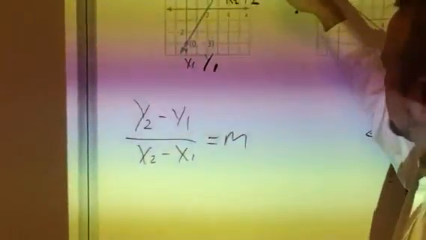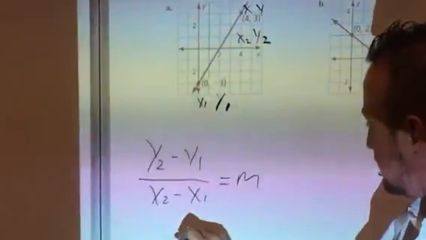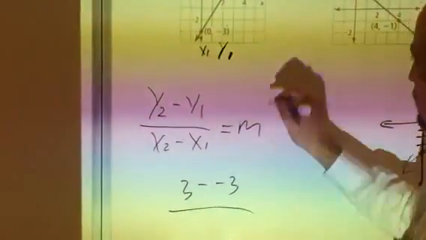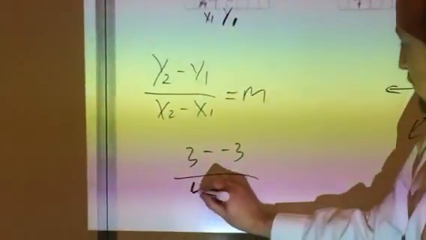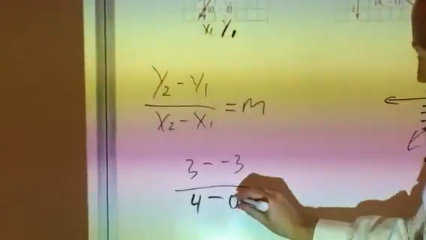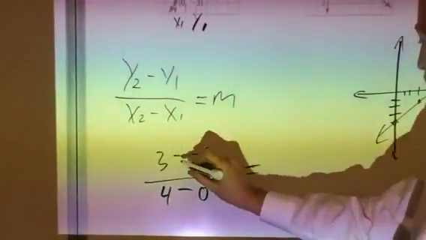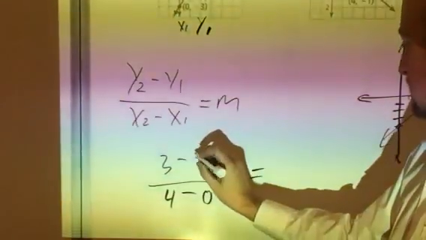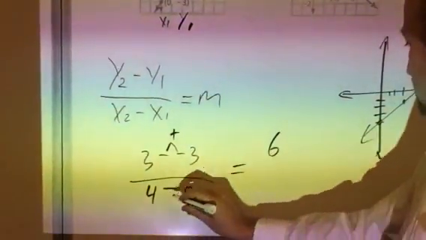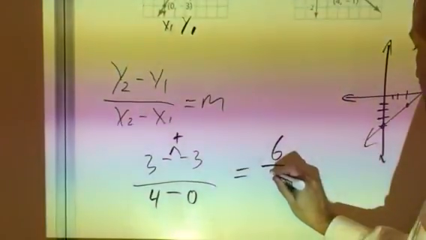So now let's just substitute these numbers into the equation. We'll have y2, meaning 3, minus y1 being a negative 3, over x2 being a 4, minus x1 being 0. Remember that a negative next to a negative is a positive. So 3 plus 3 is 6. 4 take away 0 is 4.